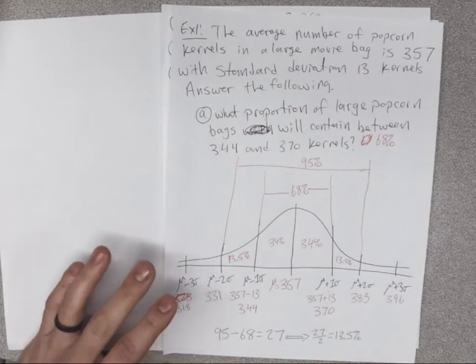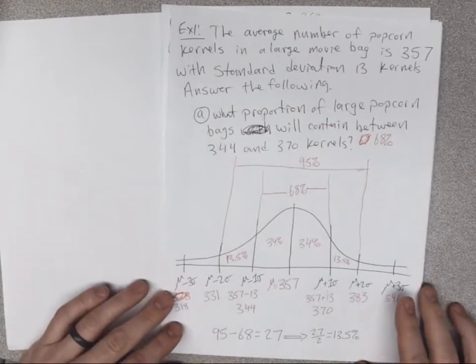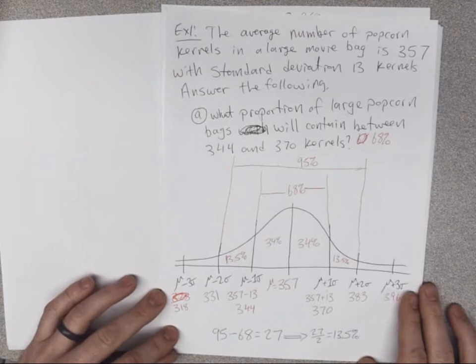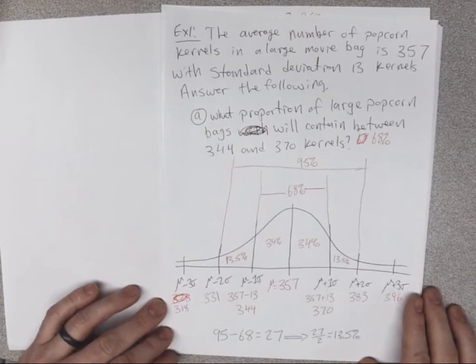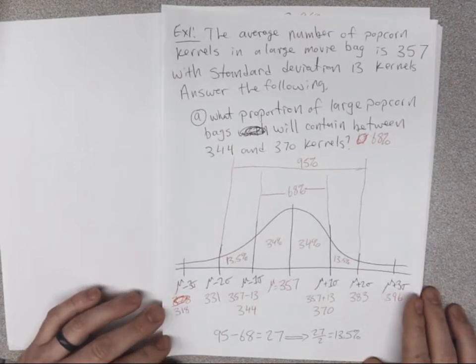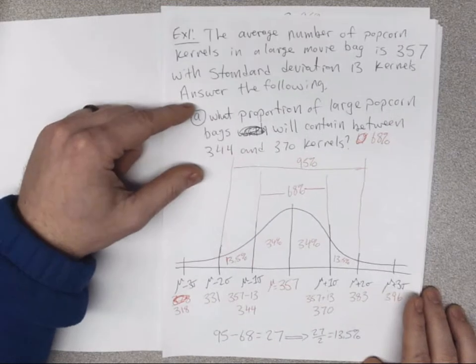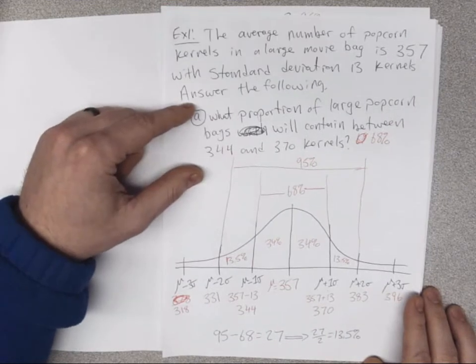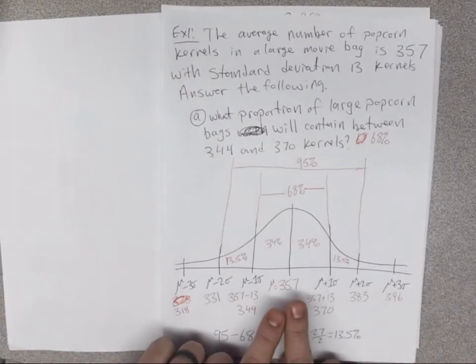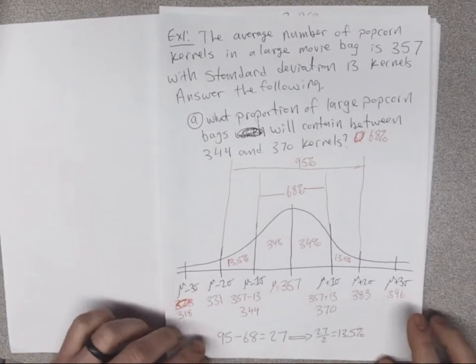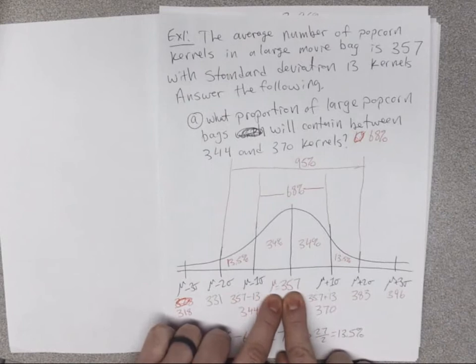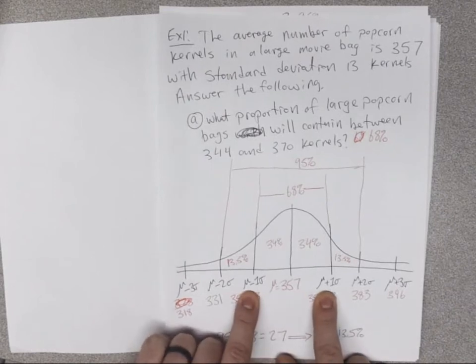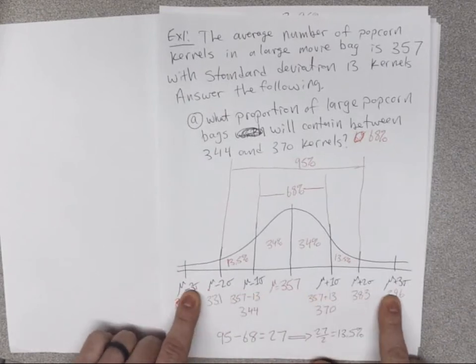Then we looked at this problem. The average number of popcorn kernels in a large movie bag is 357 with standard deviation 13 kernels. Answer the following. What proportion of large popcorn bags will contain between 344 and 370? What we did was we drew our empirical rule, we drew our graph, then we labeled our mean, and then we wrote out 1 standard deviation from the mean and so on.